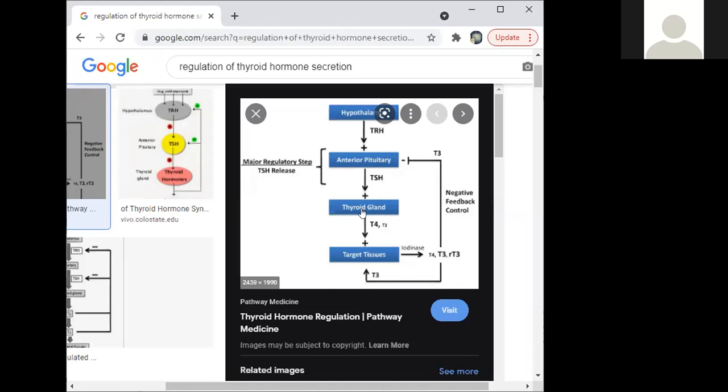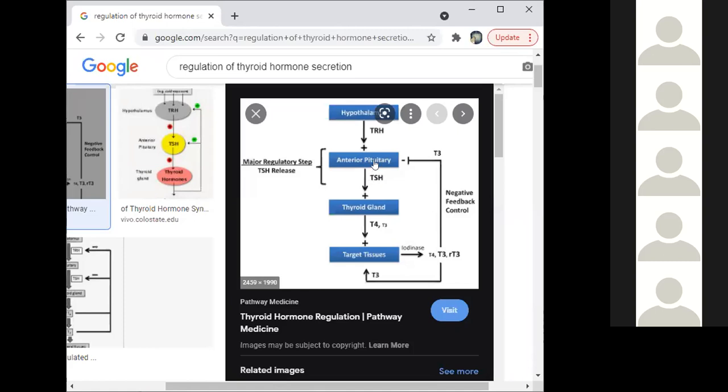Also, you can have a normal thyroid gland, but the patient has a problem with the hypothalamic pituitary axis, maybe there's a tumor sitting here somewhere. This tumor, or whatever the problem is, will impair the production of the TRH, TSH pathway, and hence the thyroid gland won't be stimulated, and you'll be unable to make thyroid hormones.